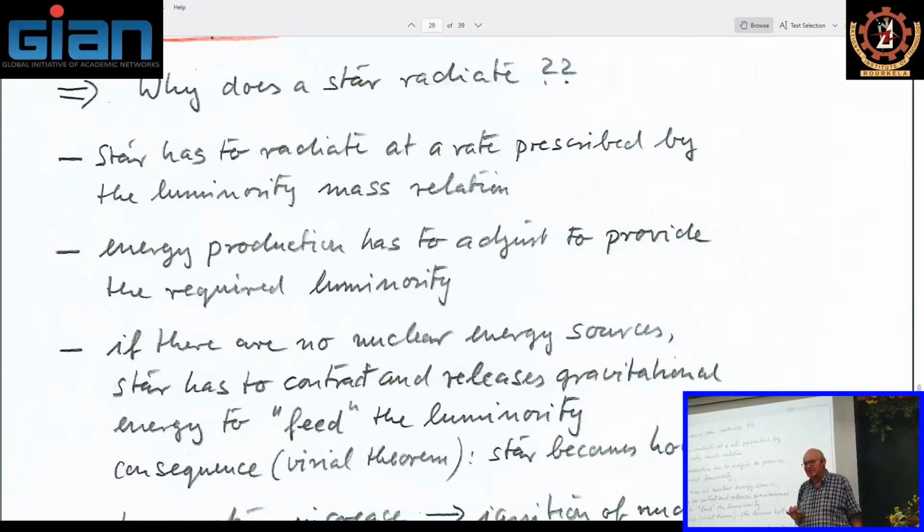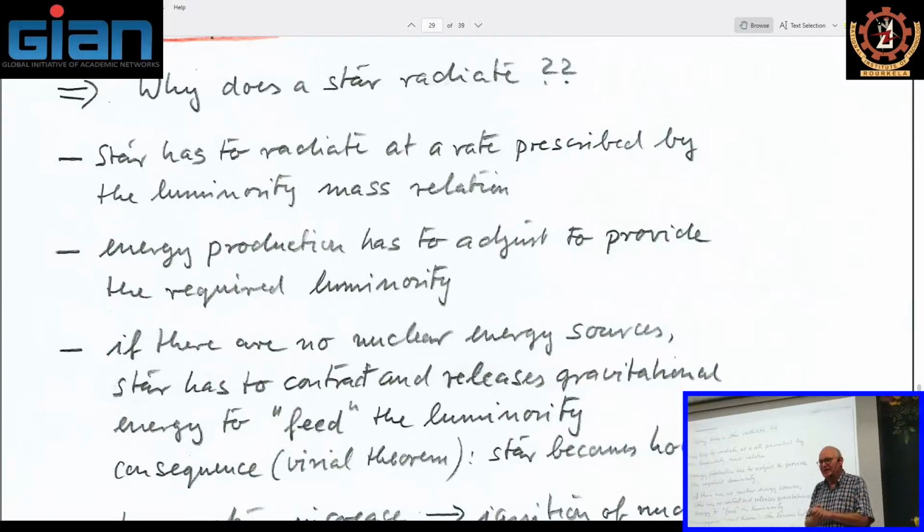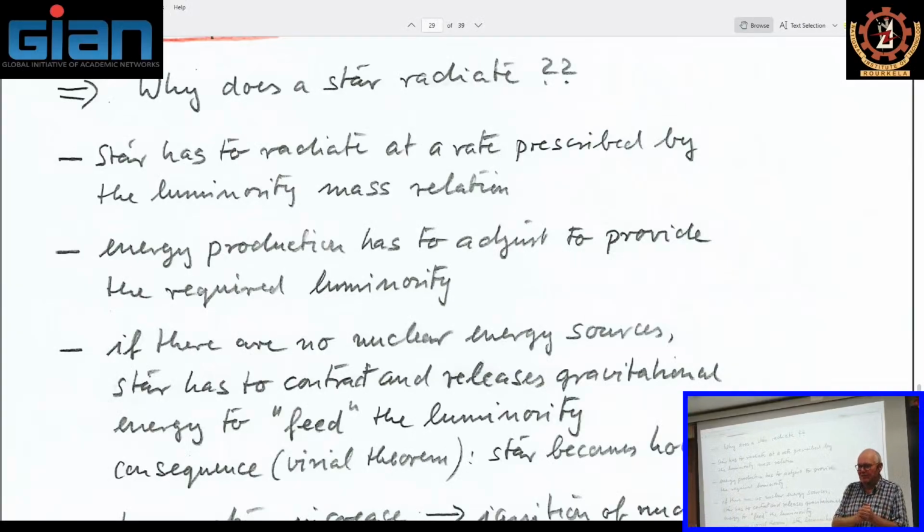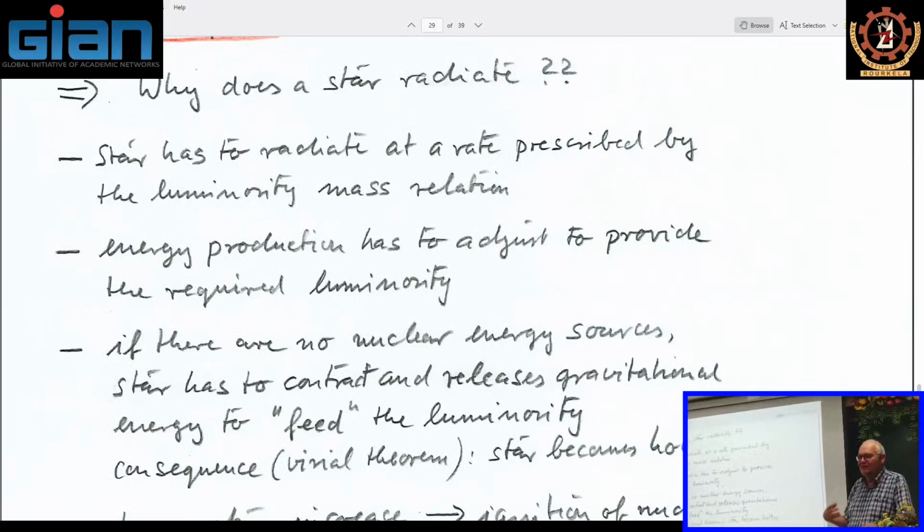As a consequence, if the star contracts, now the virial theorem comes into play. If the star contracts and releases energy, half of it goes into the luminosity, which it has to feed, and the other half is used to increase the thermal energy. This is a consequence of the virial theorem. Then the star has to become hotter once it lives off its gravitational energy.